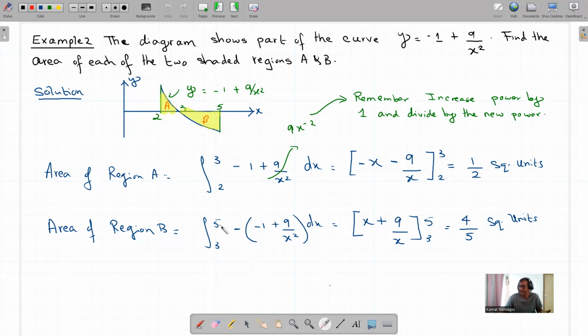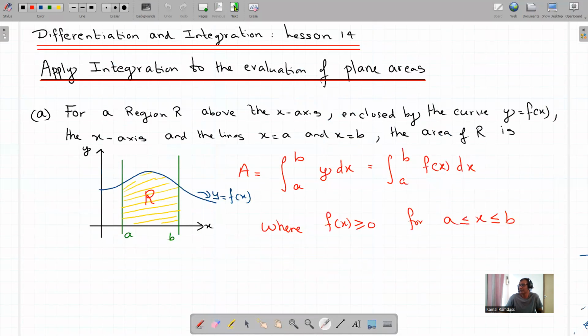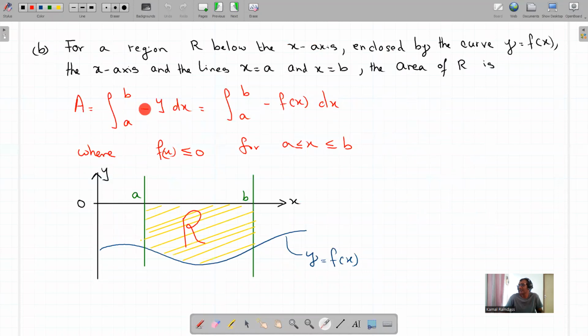Area of region B, from 3 to 5. Here we understand that the curve is below the x-axis. And when the curve is below the x-axis, we use a negative sign, negative y dx.